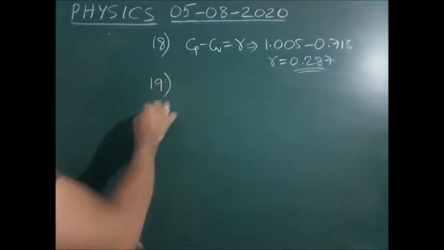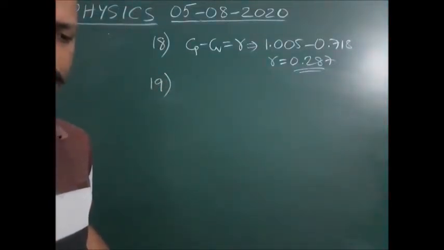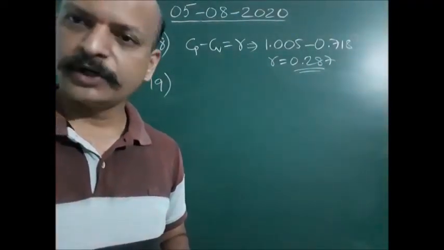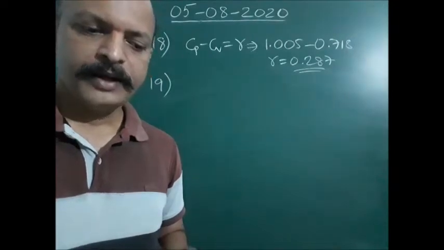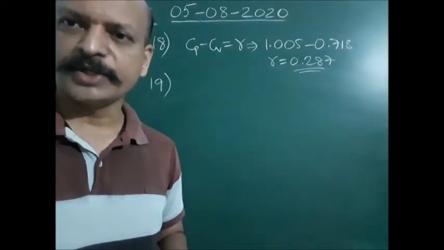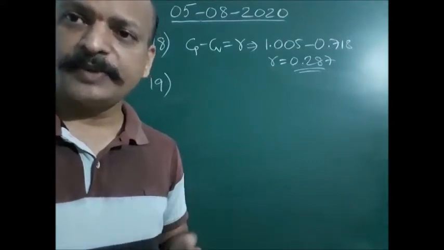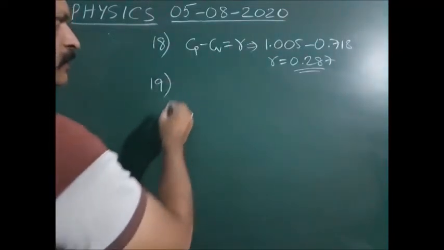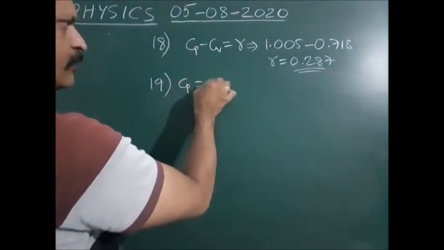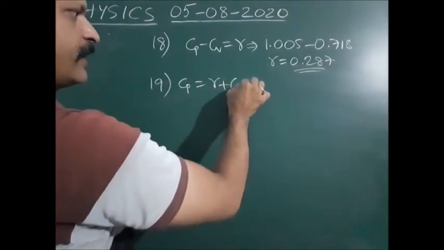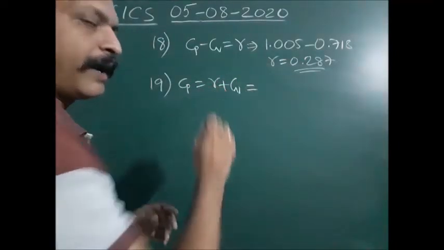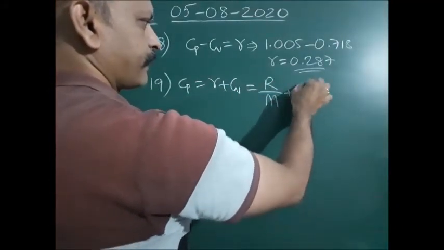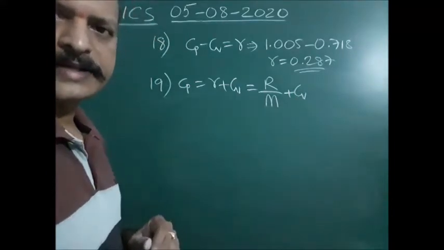Next, question number 19. The specific heat of argon at constant volume is 0.3122 kilojoule per kg Kelvin, and the specific heat of argon at constant pressure is how much? Cv is given, Cp is asked, small Cp and small Cv. The relation between them is this one. So small Cp is equal to R plus Cv. R in terms of capital R is capital R by capital M, plus Cv.